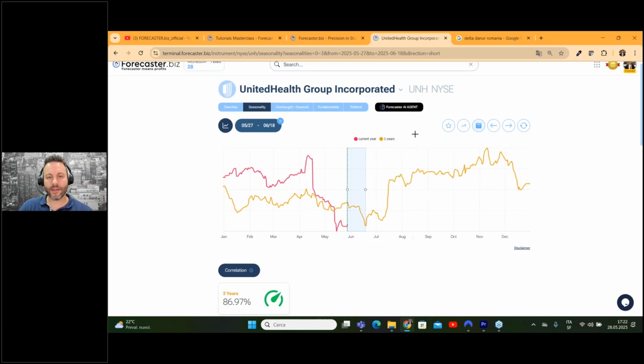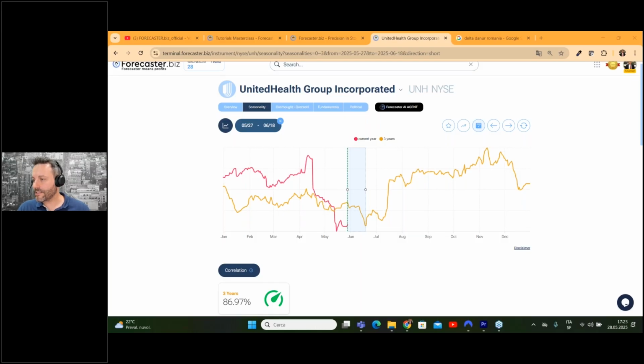Because this is just how the prices are moving right now. If they are moving like they did the last year, or if they are moving like they did on the average of the last 3 years, we really don't care, okay? Because they are just moving that way, and if we know that they are moving in this particular way, this is what we can expect from the future.